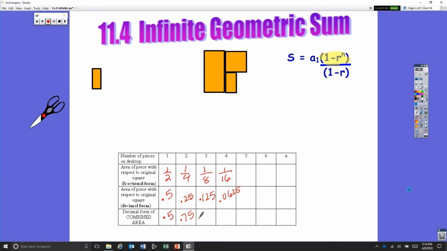Let's see here, if I add 0.125, I got 0.875, add 0.0625, I get 0.9375, half it again, gives me 1/32.